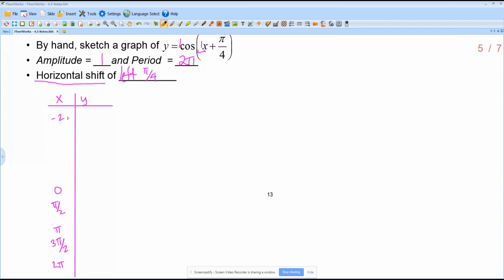And then I have -2 pi, -3 pi halves, -pi, -pi halves. All I'm listing is everything that would be on that number line. But I'm doing it very specifically for a reason.